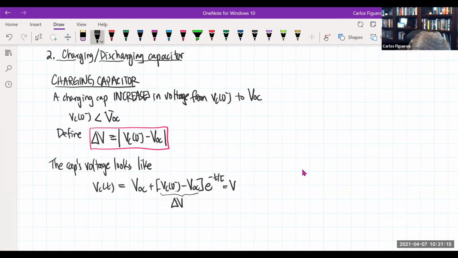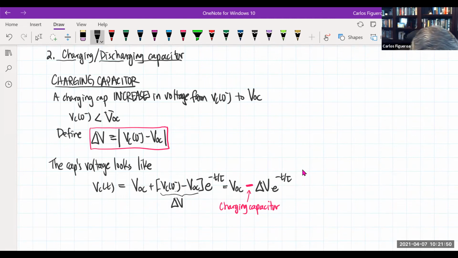So this really reads VOC minus. If I see a minus right here, that minus sign tells us that I have a charging capacitor. So our solution says that if I get a negative number right there, I have a charging capacitor.